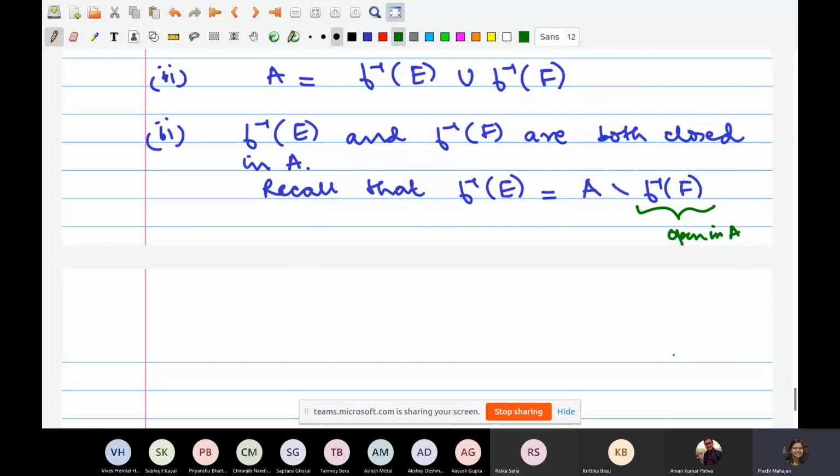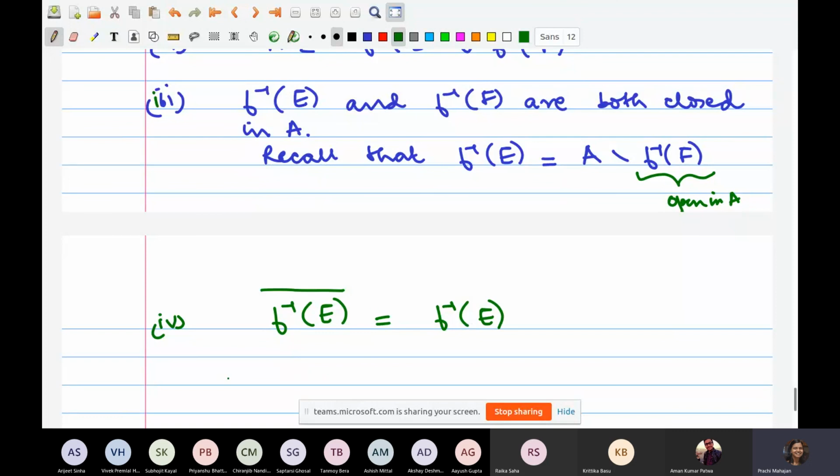Now, if they are closed sets, which means that they contain all of their limit points, the next statement, so this is statement 3, and this is statement 4, is that the closure of the set in A exactly equals the set itself because it contains all of its limit points. The similar statement is true for the set F also.